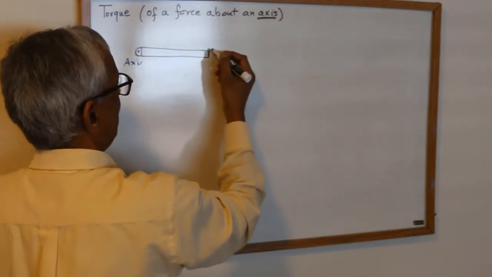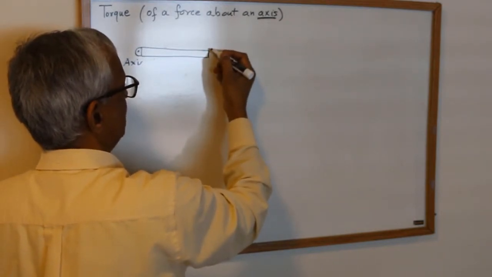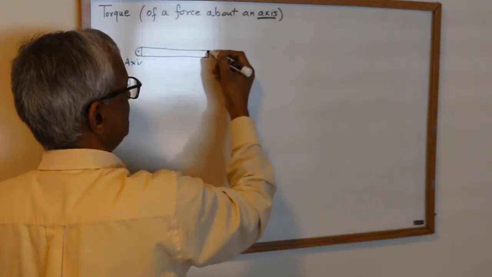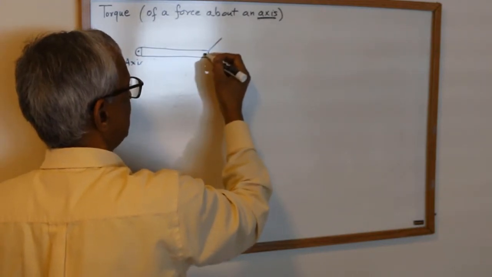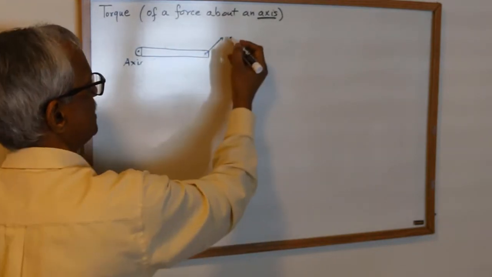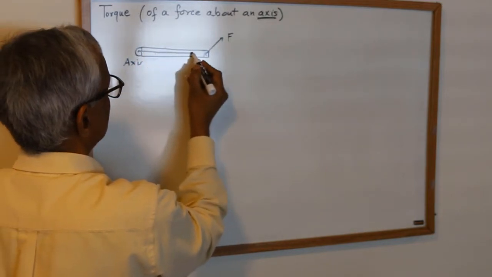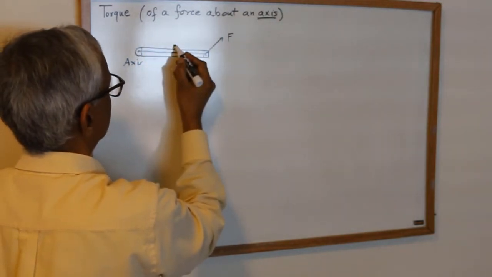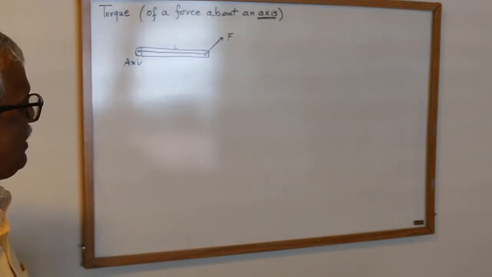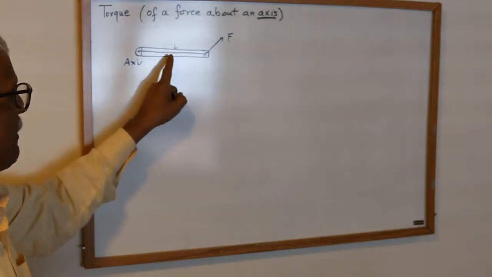And say I apply a force F in this direction and at that point, and this distance is L. So I want to know how much torque this force will be.